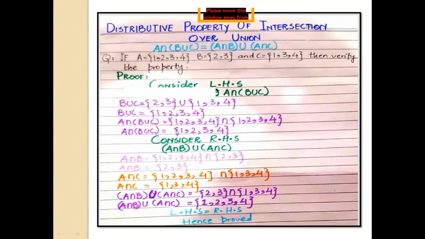Okay, this is the last property which we have done, that is intersection over union. A intersection (B union C) is equal to (A intersection B) union (A intersection C). First consider left hand side, that is A intersection (B union C). B union C: first write the elements of set B, then union the elements of set C. Here when you combine these two sets, you will get 1, 2, 3, 4.